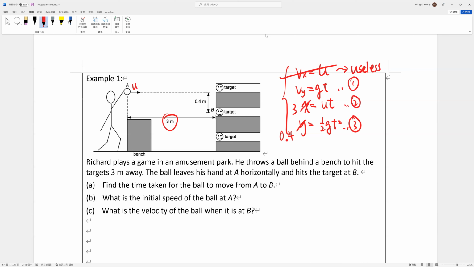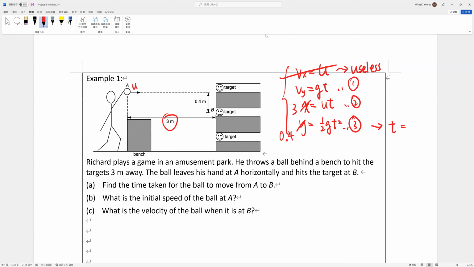The third one? Because for the first one, there are 2 unknowns: you don't know Vy and t. The second one, you don't know u and t. The third one, you just don't know one unknown. So you use the third one and solve for t. Remember g is 9.81. And then you can solve the time here.